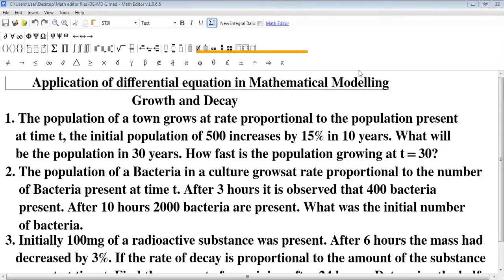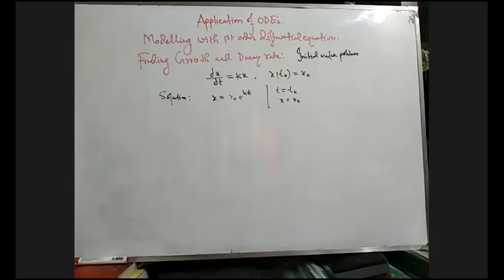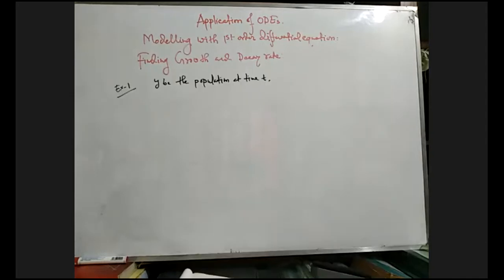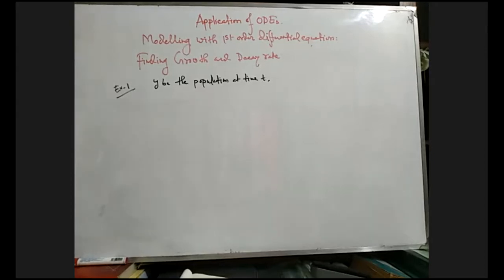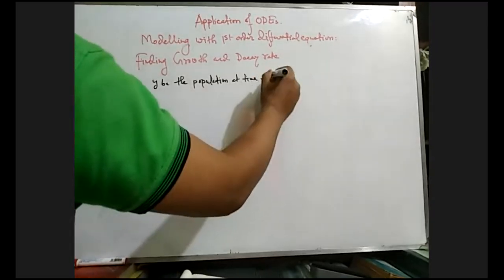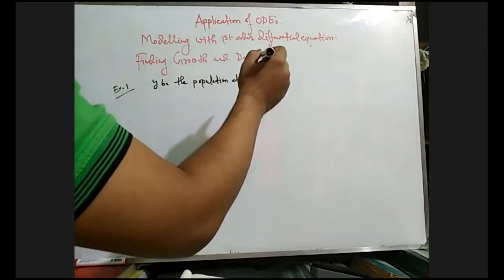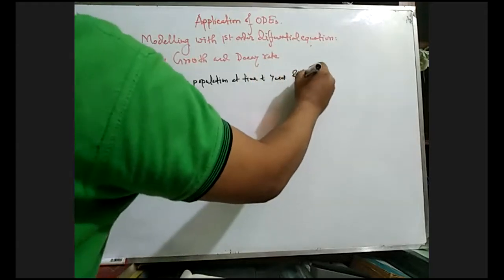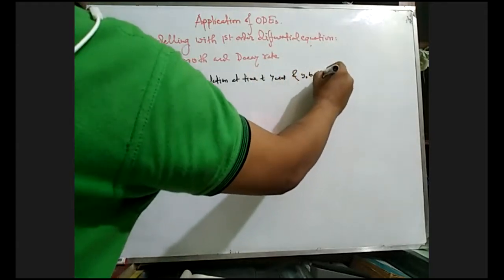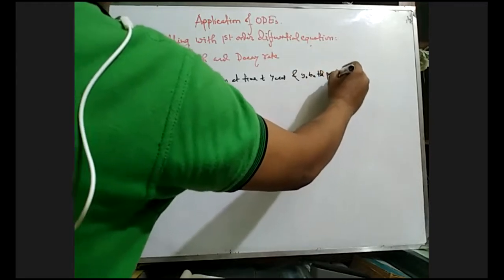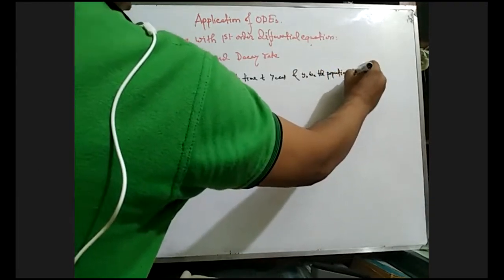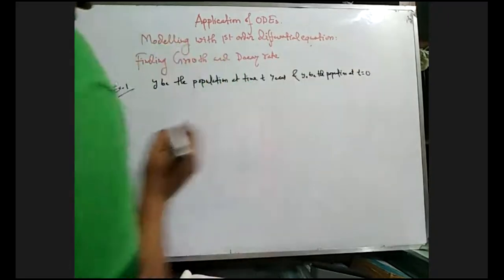So, solution for the first example. Let y be the population at time t years, and y naught be the population at time t equals 0.